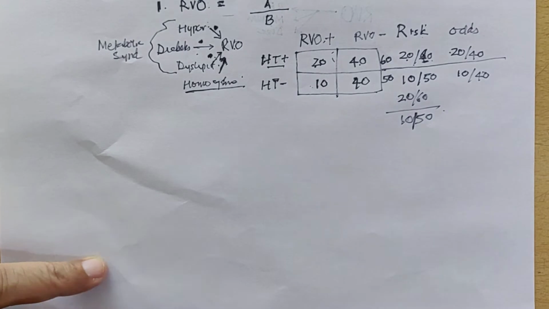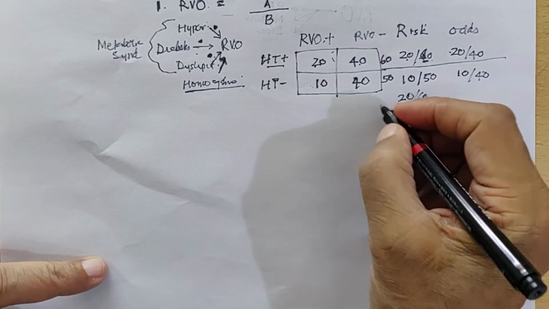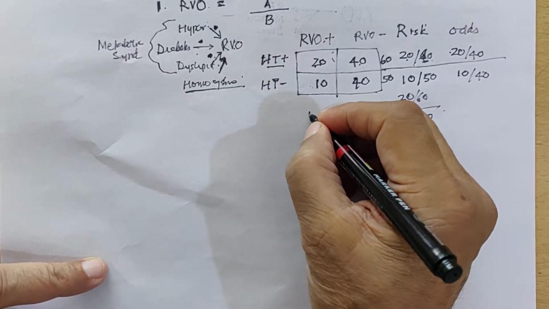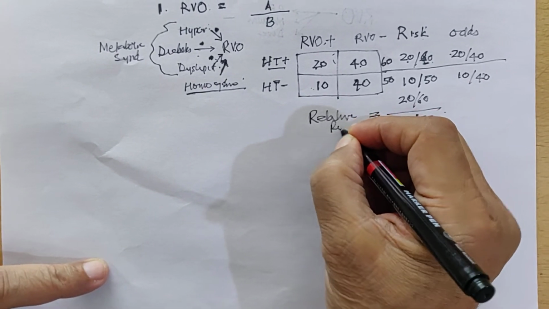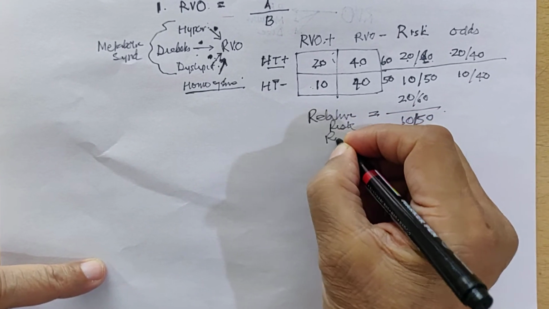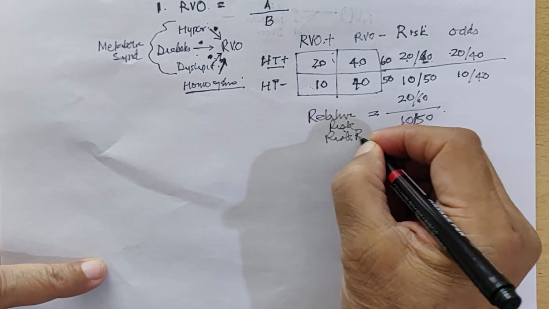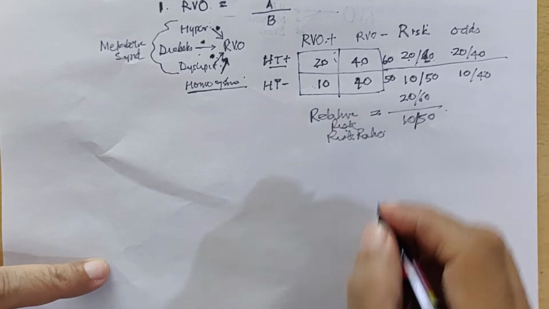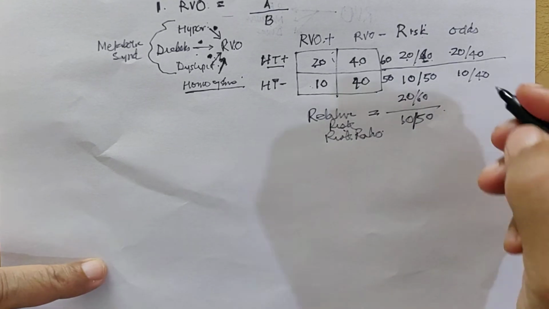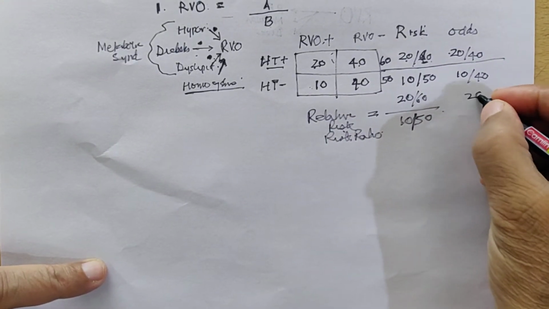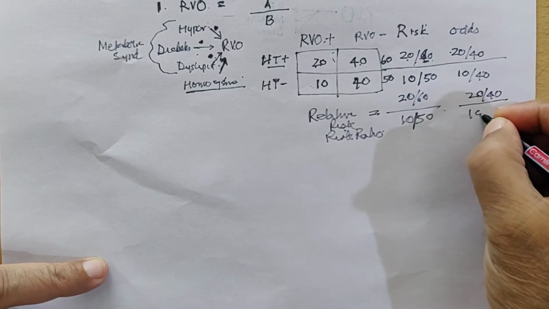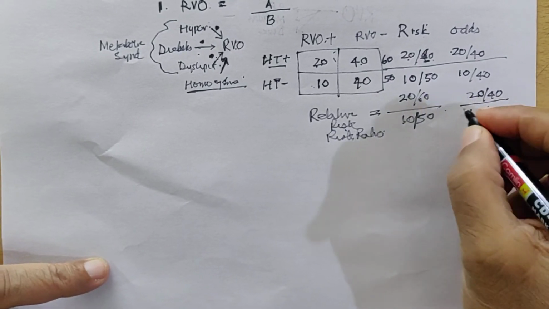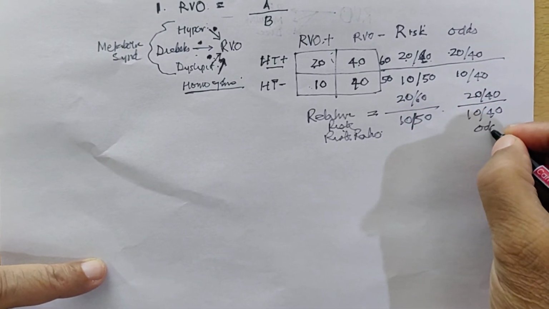So this becomes the relative risk or the risk ratio. And this 20 upon 40 divided by 10 upon 40 becomes the odds ratio.